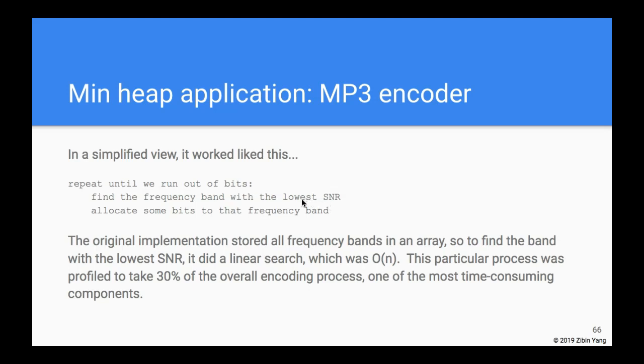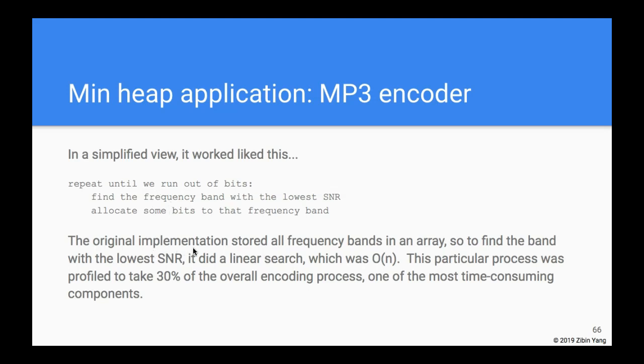You can imagine, once you give that band more bits, maybe you didn't give enough, and that band will still have the lowest signal to noise ratio, or you increase the signal to noise ratio for that band enough such that another band becomes the band with the lowest signal to noise ratio the next time you go through this loop. That's the pseudocode, the high level view of what this process goes through.